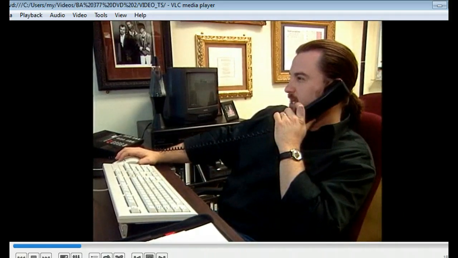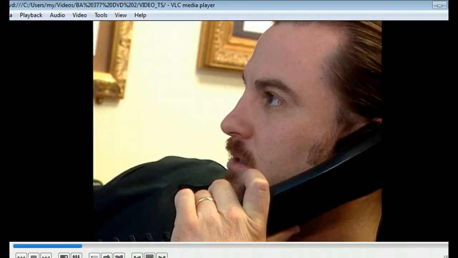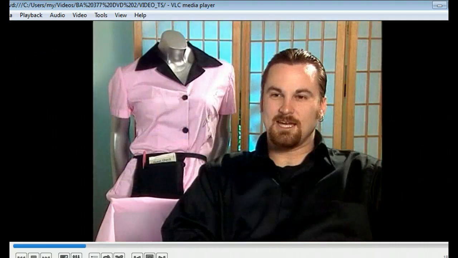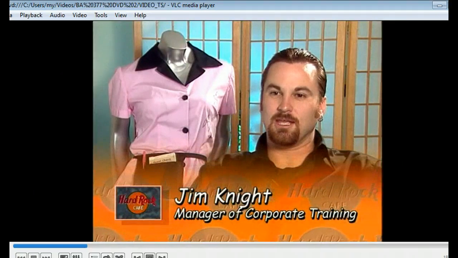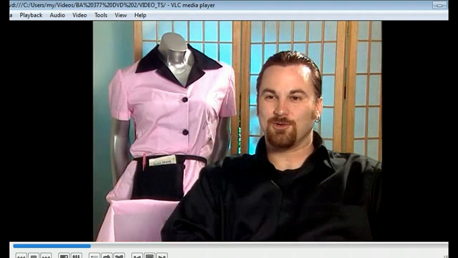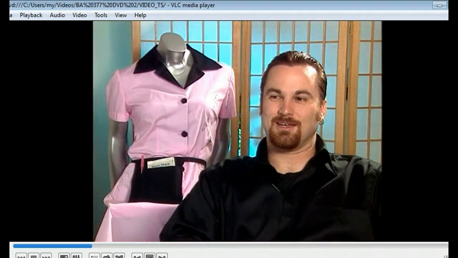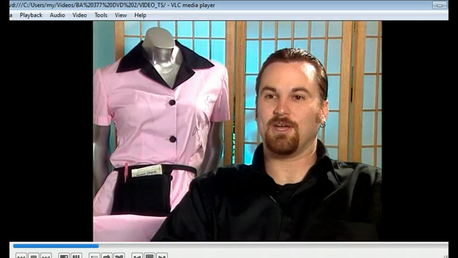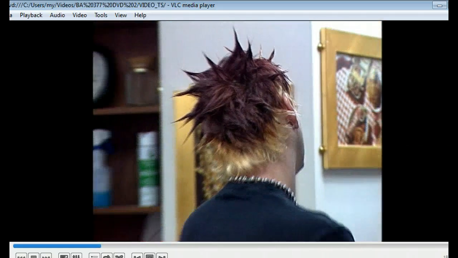As Jim Knight, manager of corporate training, knows, that experience is sort of like the employees themselves. I think when we start really looking at the types of people that we want to bring on board, it's kind of cool. You have sort of a catch-22 here where you really want bright, attractive, personable, self-motivated types of professionals. But then on the other hand, you're also looking for something different.